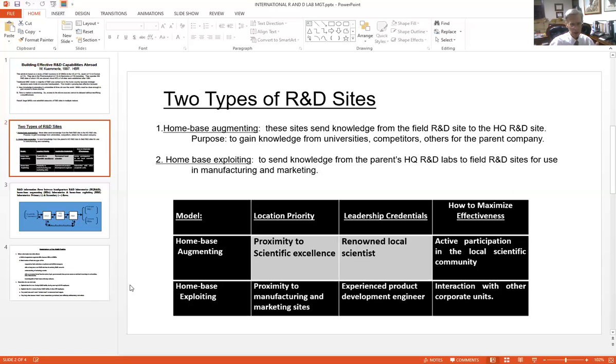So you have a laboratory at that location. And unlike home base augmenting, which can be focused on pure research, this one is all about applied research.